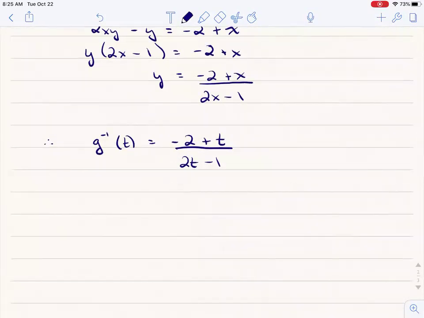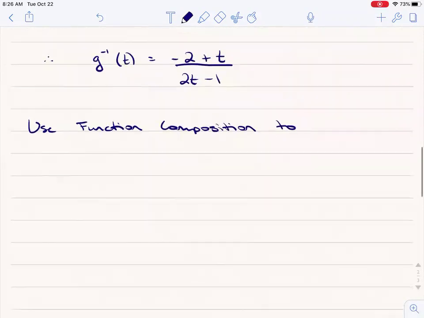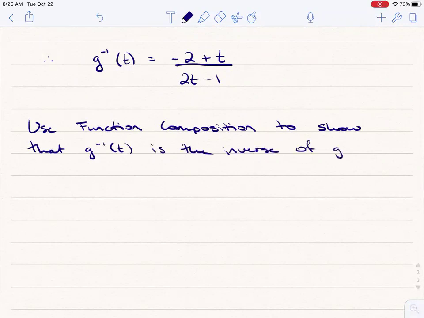Okay? So now just to double check that we have the right inverse function, we have to use function composition. So now use function composition to show that g inverse of t is the inverse of g of t.